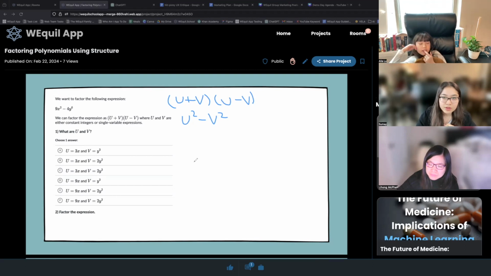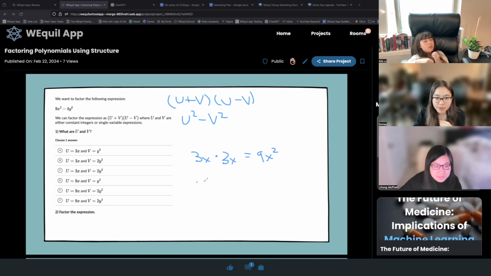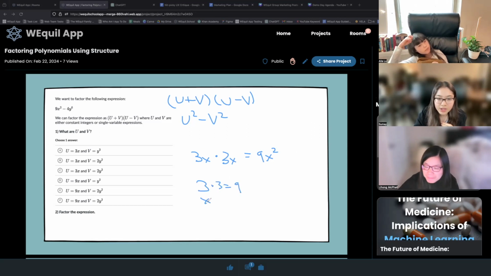I'm a bit confused. If you take 3x multiplied by 3x, then it's 9x squared, I think. Is that right? Yes, Isla, because basically you're taking 3 times 3, which is 9, and then x times x equals x squared.